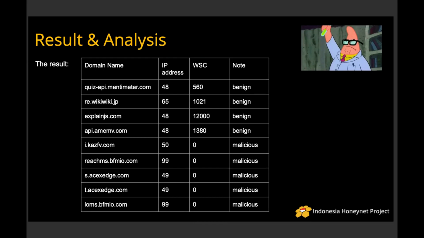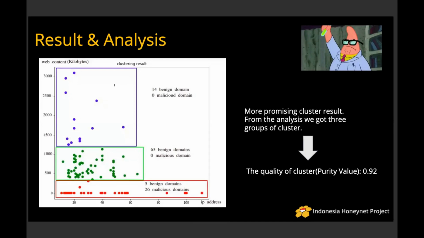They return zero bytes. So with this result, we actually get a more promising cluster result. From the analysis we did with k-means clustering, we got 3 groups of clusters. The top side is the clusters that use very heavy web HTML, the middle side is the normal one, and the bottom one is the malicious domain.